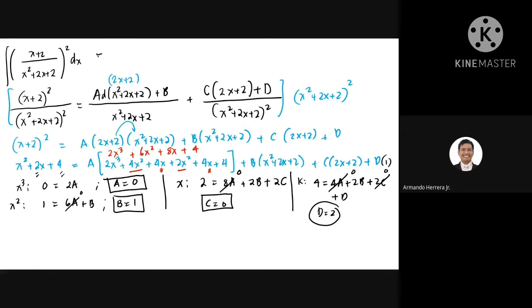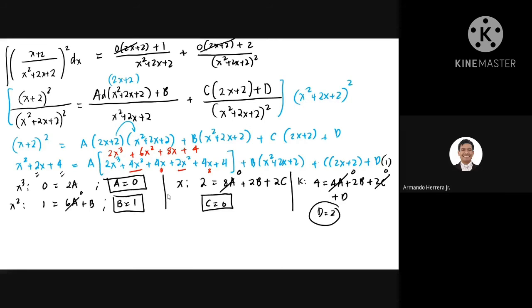So this is equivalent to a, that's 0 times (2x plus 2), plus b, 1, all over x squared plus 2x plus 2, plus the value of c, that's 0 times (2x plus 2), plus the value of d, which is 2, all over (x squared plus 2x plus 2) squared.